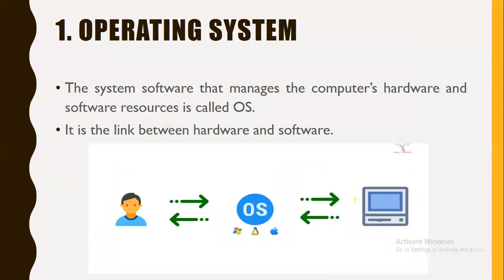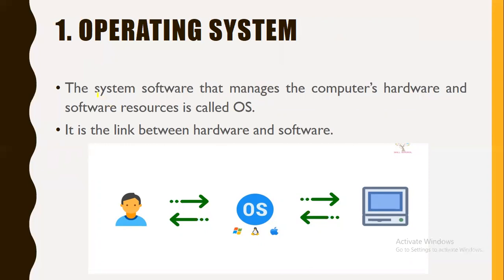So here is the first type of system software, which is operating system. Operating system is a very basic software that is installed on a computer. If we don't have any operating system installed on our computer, then we cannot even turn on our computer in a proper manner.